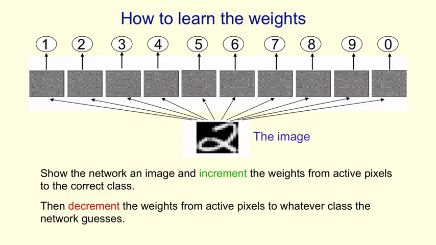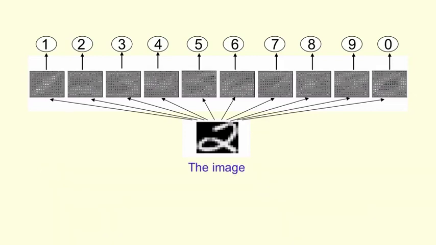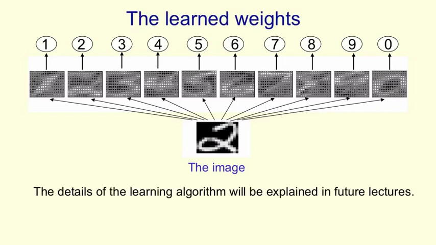So those are the initial weights. Now we're going to show it a few hundred training examples, and then look at the weights again. And so now the weights have changed. They've started to form regular patterns, and we show it a few more hundred examples, and the weights have changed some more, and a few more hundred examples, and now the weights are pretty much at their final values.